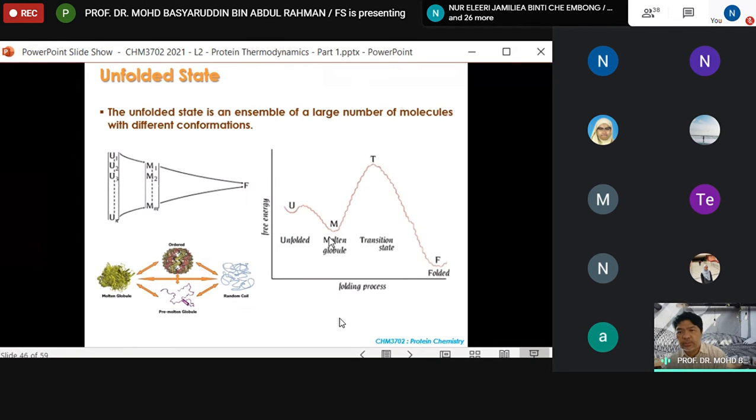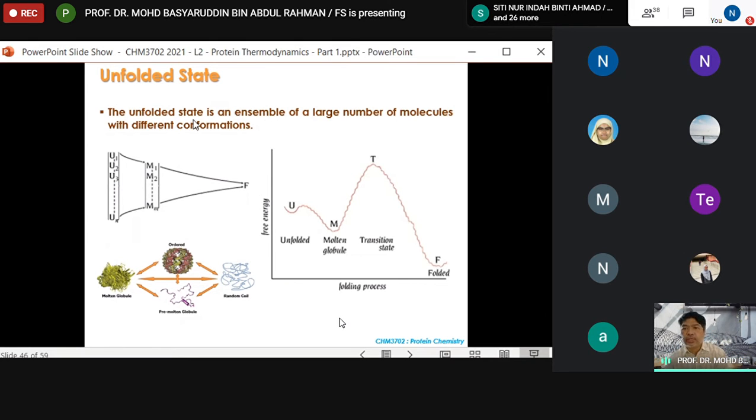If you look at this diagram, it means that you have many conformations, the entropy is very high, all unfolded. Then the molten globule has maybe a smaller number of unfolded conformations because it starts already to form the final folded system.